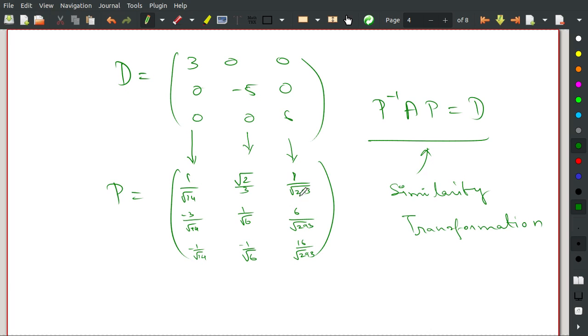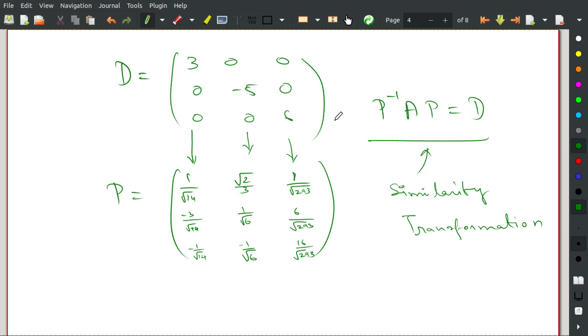So the topic is we have to find the eigenvalues by forming the characteristic equation and finding the roots, thereby we get the eigenvalues, and using the eigenvalues in the characteristic matrix we can find the eigenvectors, and from the eigenvectors we can form this P matrix. And the diagonalization matrix is nothing but the eigenvalues on the diagonal elements.